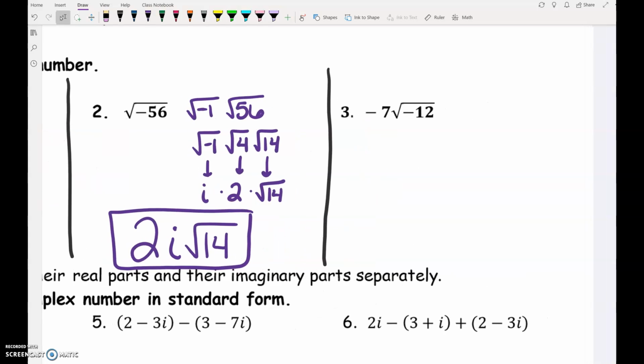Number 3 is just like number 2, except that there's a negative 7 in front. So we've got negative 7, the square root of negative 1, and the square root of 12. What could we split that 12 into? Square root of 4, square root of 3.